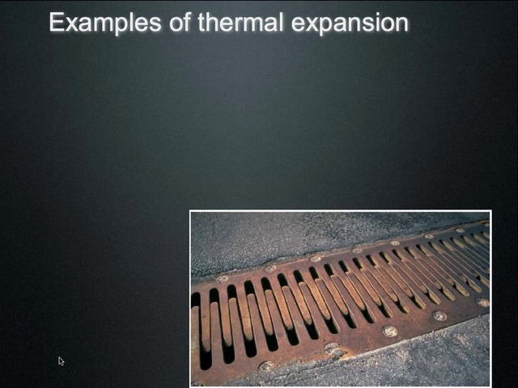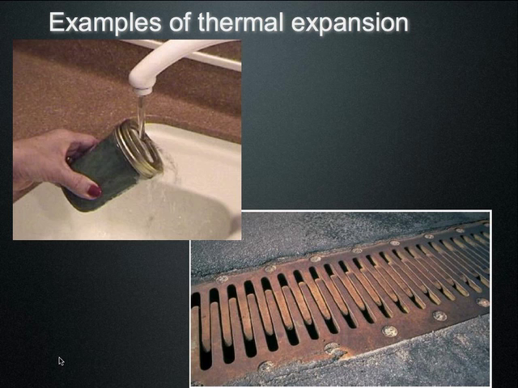In the winter, as it contracts, they pull out, but not so much that there's a gap. So those are to allow for expansion so that things don't buckle. When people say if you can't get the lid off the jar, you should put it under hot water, the reason is that the metal in the lid expands, loosening it up a little bit.